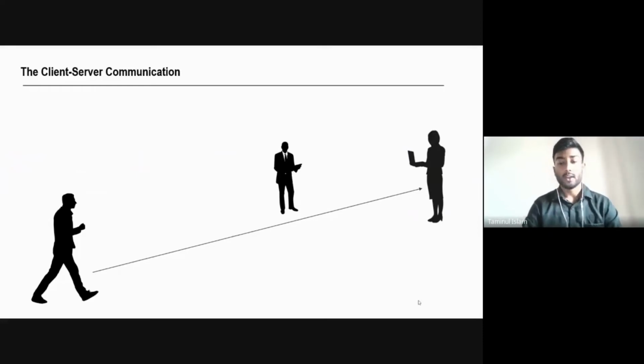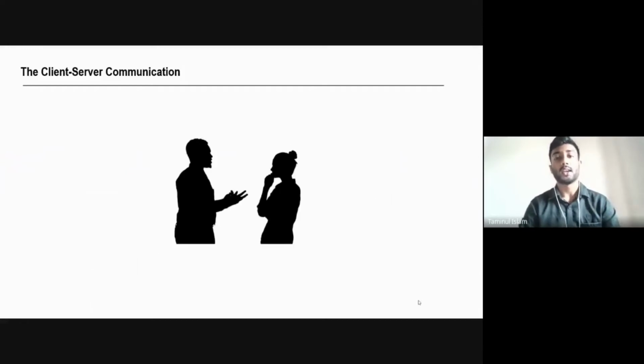After the communication is established, you can talk with that unknown person, send your request, send your application to him or her, and according to your request, he or she can respond. So this is a practical example of client-server communication.